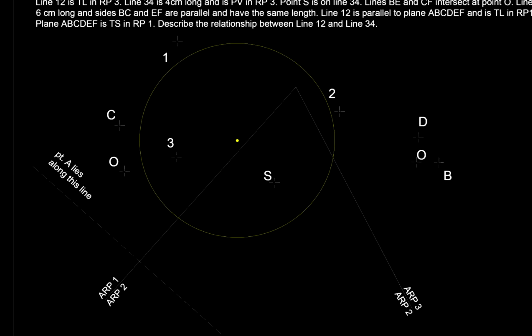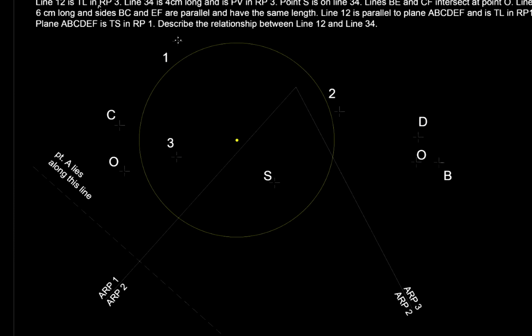May correction dito sa problem na 'to. Ah, okey. Ang correction is dapat, line 1, 2 is true length in RP1 and RP3. Okay, so both, RP1 and RP3 siya, true length.